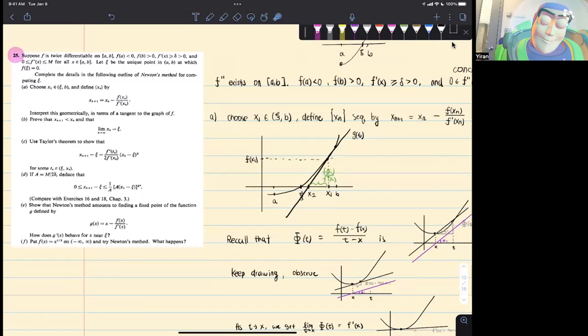Yes, you can use this inequality and the fact that x double prime n is upper bounded by m, and this is lower bounded by delta, so the whole thing is upper bounded by m over 2 times delta.